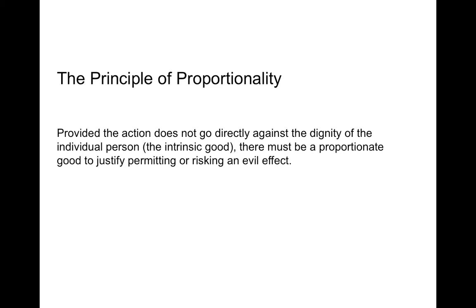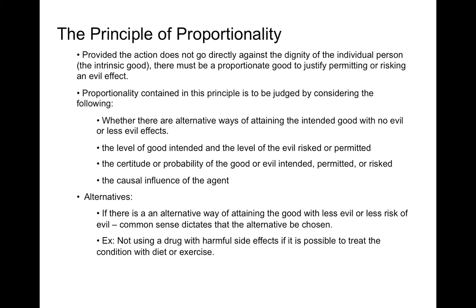The principle of proportionality basically says that provided that an action does not go directly against the dignity of the individual person, so there's that appeal to informed consent and the intrinsic good of the dignity of the patient, then there must be a proportionate good to justify permitting or risking an evil effect.